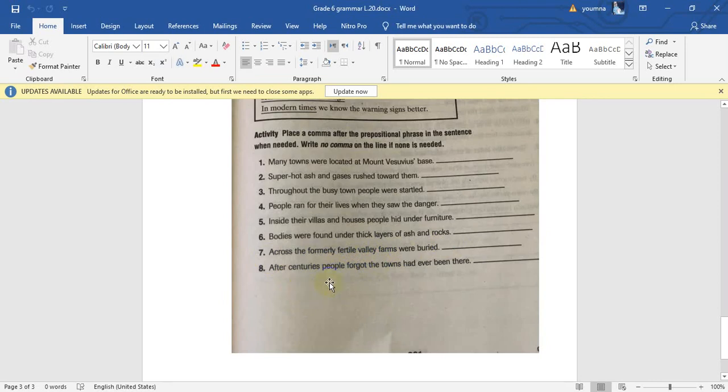After centuries, people forgot the towns had ever been there. So after centuries, this is the prepositional phrase, and it can be separated from the sentence, so you will add a comma here. I hope that you understood everything, and thank you so much.